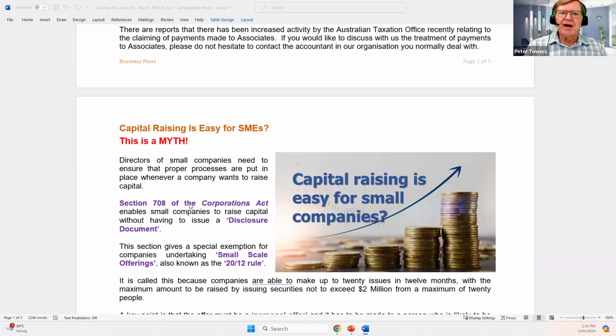And initially you could only raise $1 million, and you could only approach 20 people, which made it a bit difficult. That law got changed a few years later when John Howard became the federal treasurer, and it hasn't changed since.